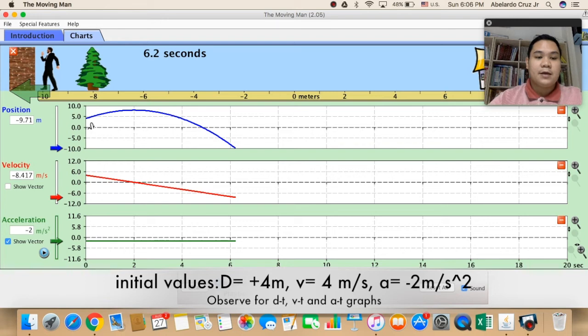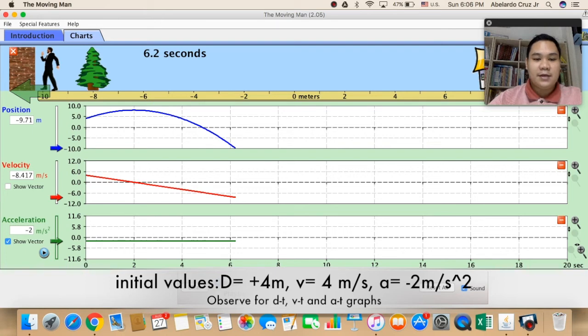So he first goes in a positive direction, okay, and then afterwards, since we have negative acceleration, therefore the velocity becomes 0, and as the velocity becomes 0, the man changes direction because the man is going to the left.